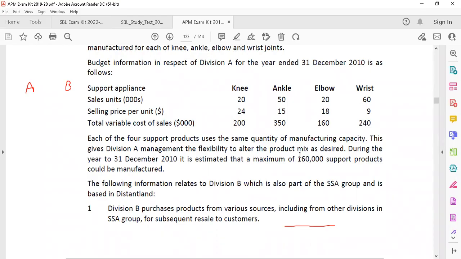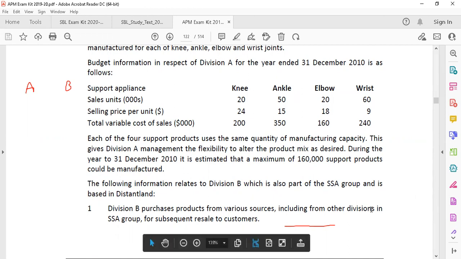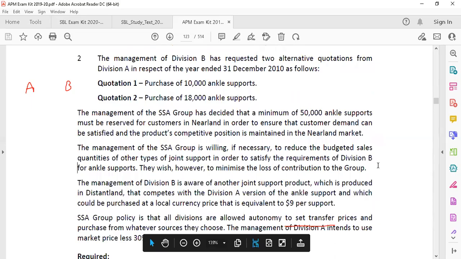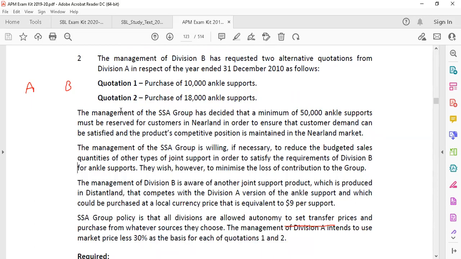So they are as of now manufacturing 150,000 units. Available capacity is 160,000, so they will be able to take up the production of another 10,000 units. That's the scenario. So we see that Division B has requested quotations for 2 different quantities.